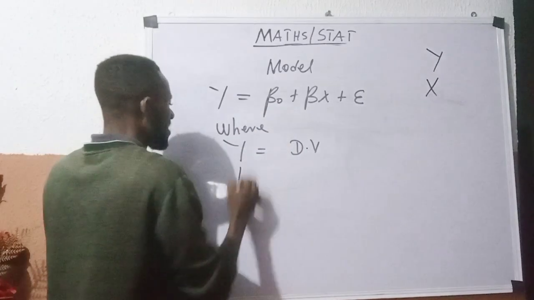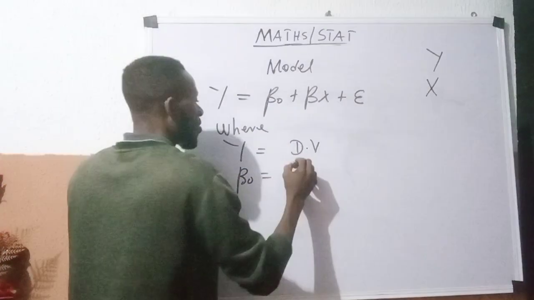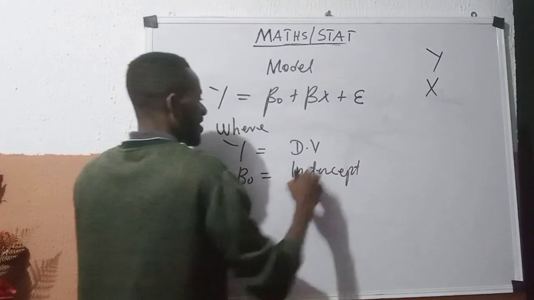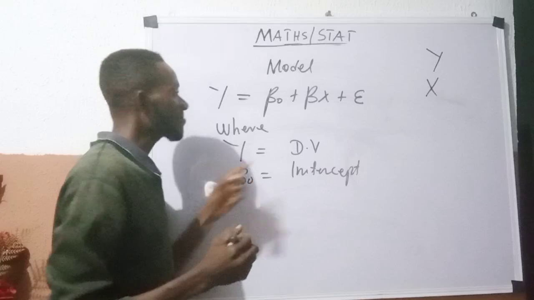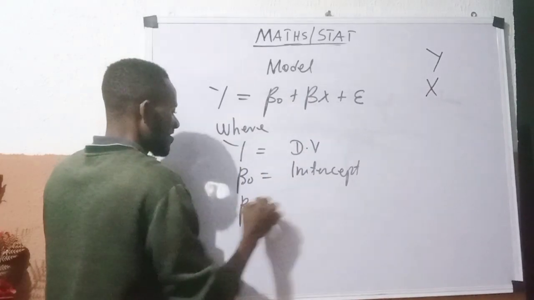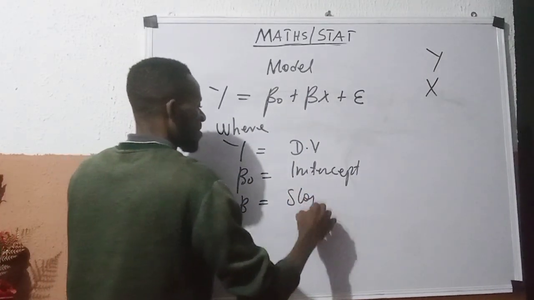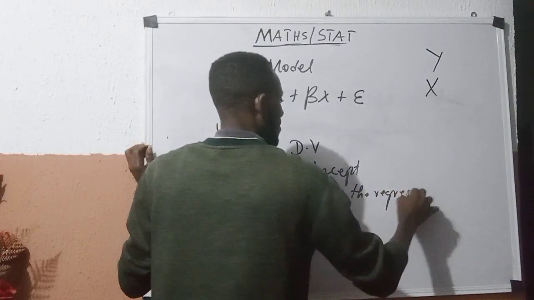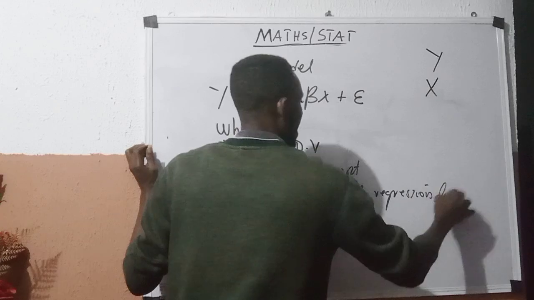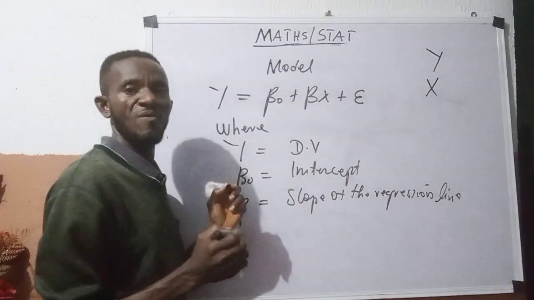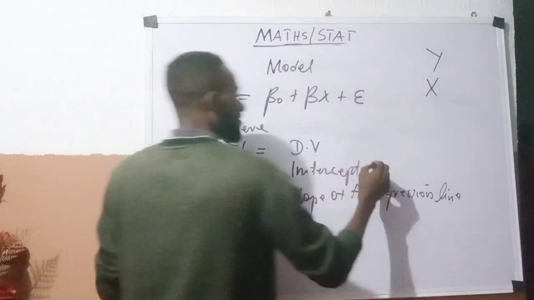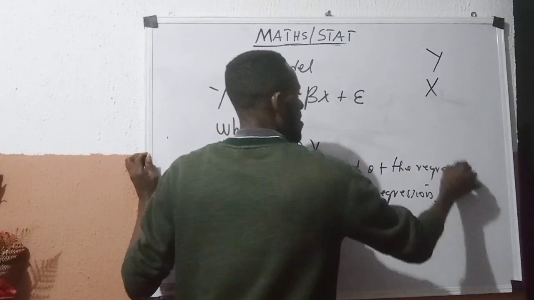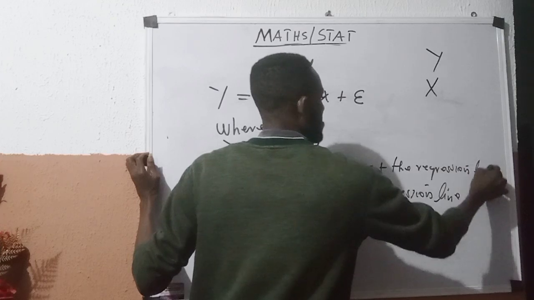Then this my beta 0 is what we call the intercept of the regression line. Then this my beta 1 is what we call the slope of the regression line.